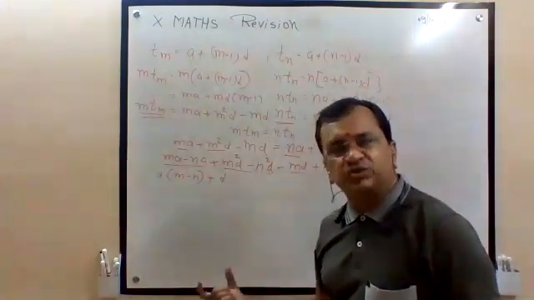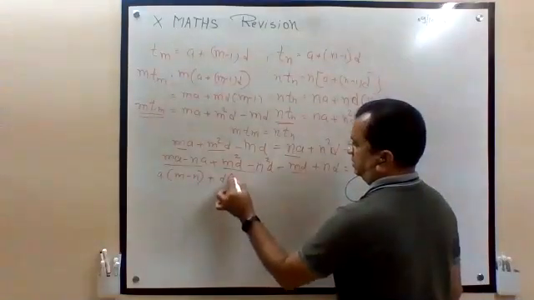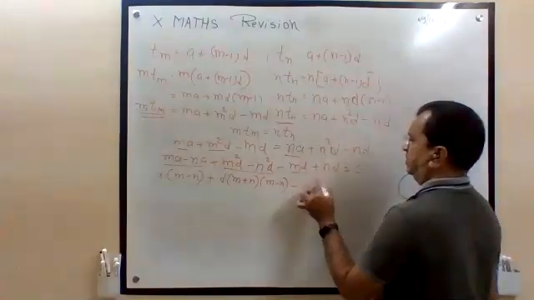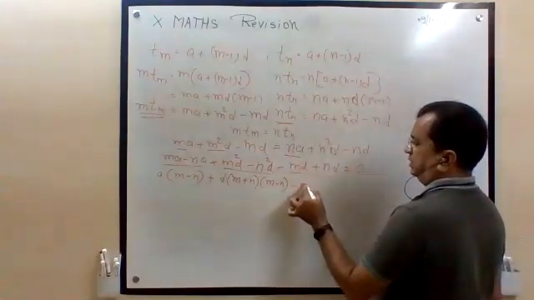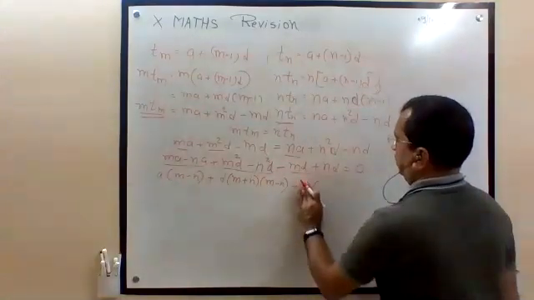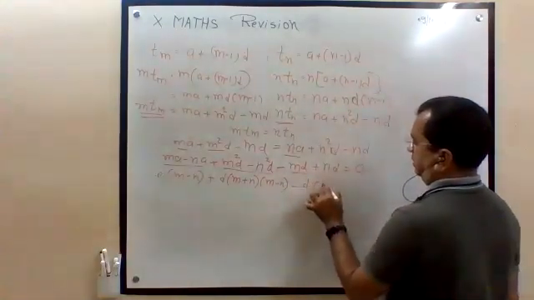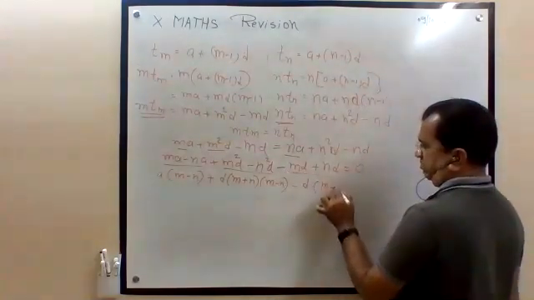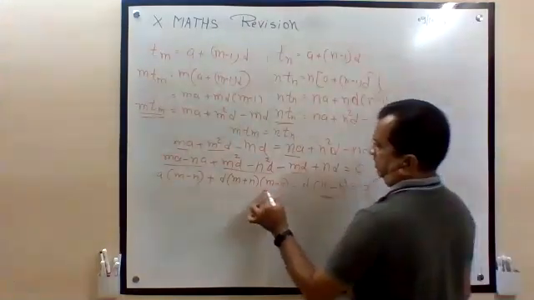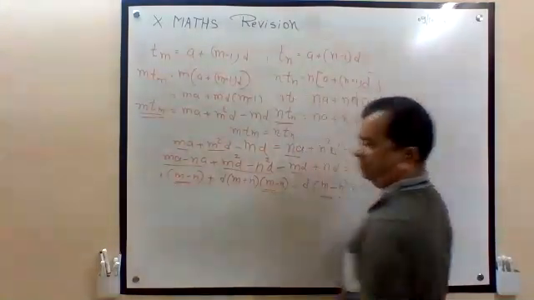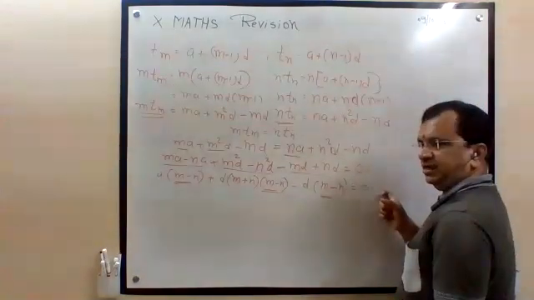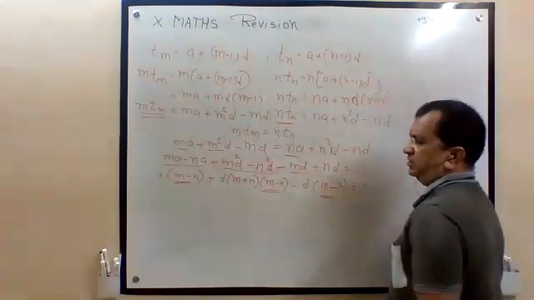Here d is common, so you get m square minus n square, that is (m plus n)(m minus n). Minus d is common, so minus outside, minus minus plus. So all have (m minus n) in common, so from all the terms we can take it common.